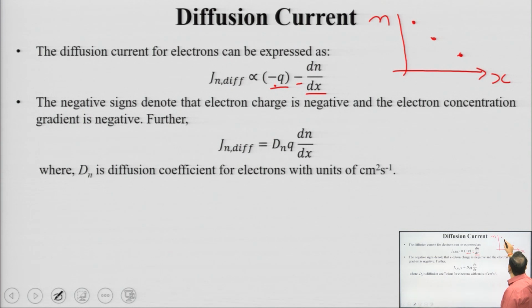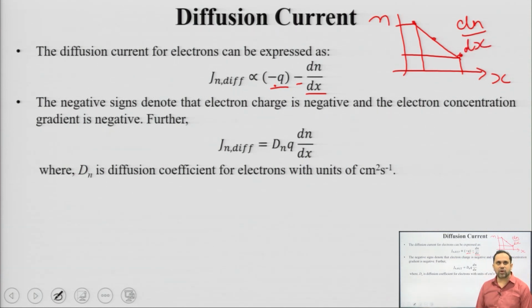If you see this slope of carrier concentration, this slope is negative. Okay. This dN by dx is a negative number. Because of this negative concentration gradient, there is another minus sign here. So, your net electron diffusion current is proportional to the product of q and dN over dx.